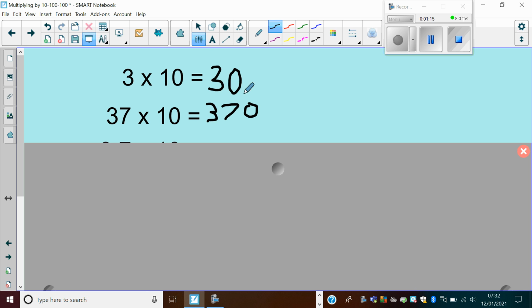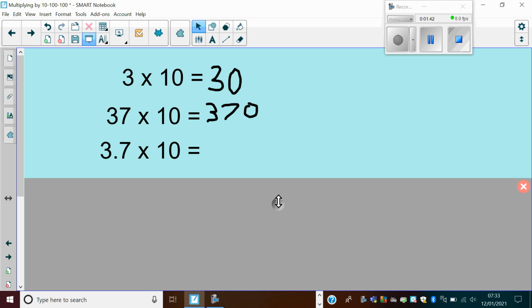Now then, you probably knew that 3 times 10 was 30 because you know your 3 times table, you know your 10 times table. And when I've spoken to pupils in the past, when I've asked them how they would know that 37 times 10 is 370, they've told me that they just add a 0 on the end. And whilst that technically might be true, that's all it looks like you've done, we couldn't do that for every multiplication question.